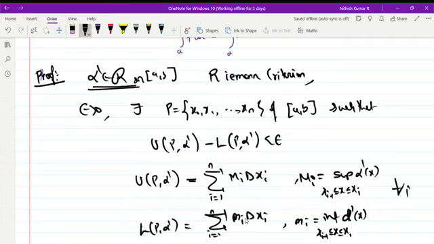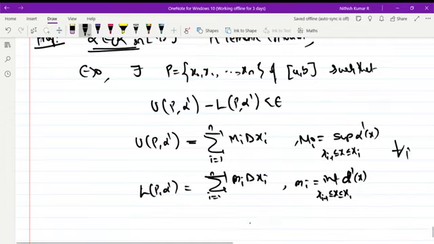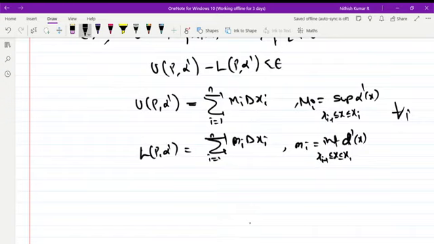Now using the mean value theorem for alpha, since alpha is monotonically increasing and alpha dash belongs to R, it is differentiable.